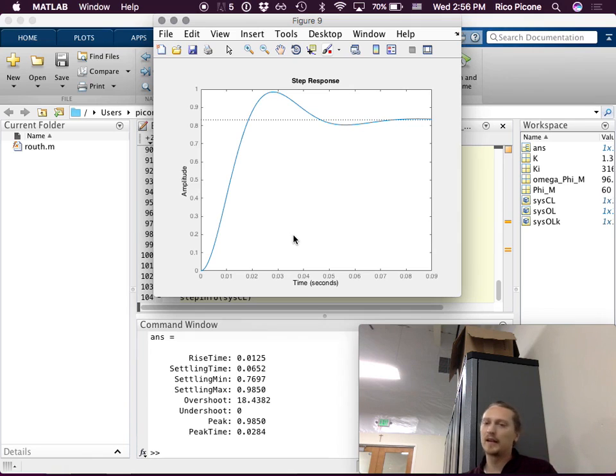So this kind of concludes that example. I did want to mention as well that steady state response compensation is essentially the same as it is for root locus steady state compensation, because you could add in a pole, so you can do PID stuff.